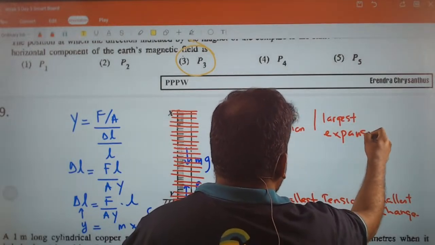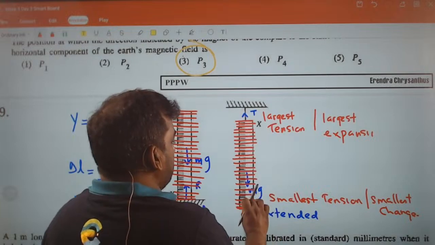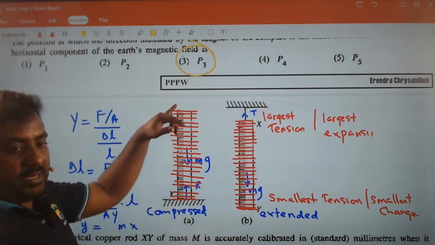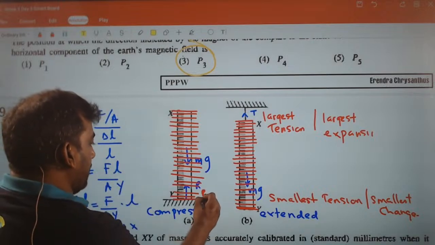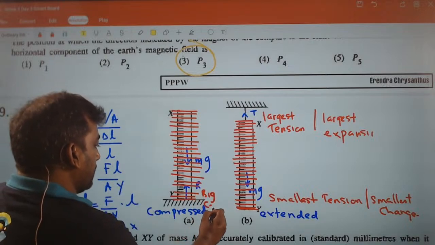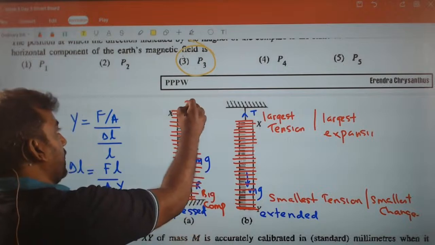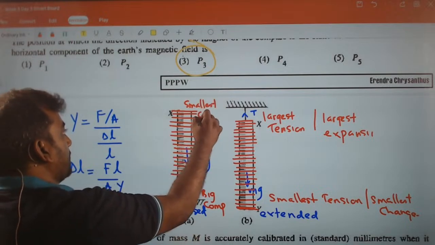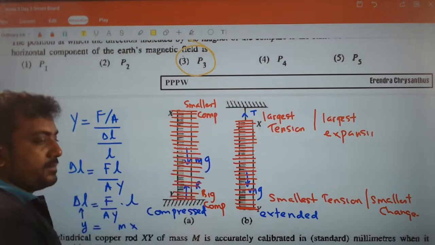So here bigger expansion, here small expansion. Here you have the biggest compression. Here you have smallest compression. So very good logical question.